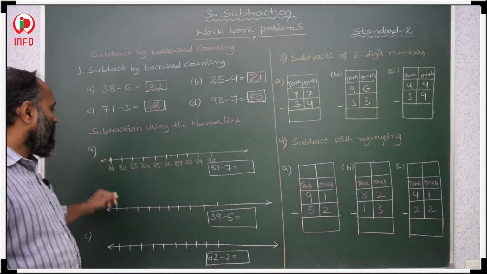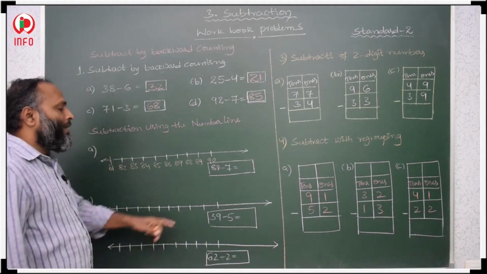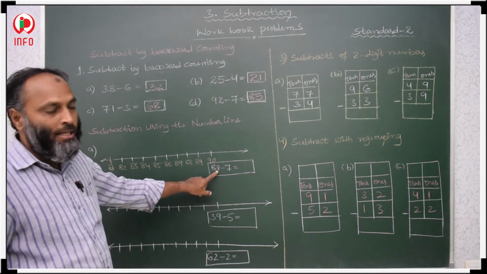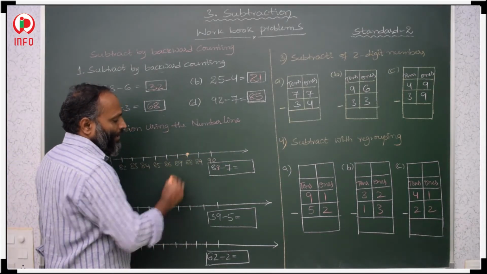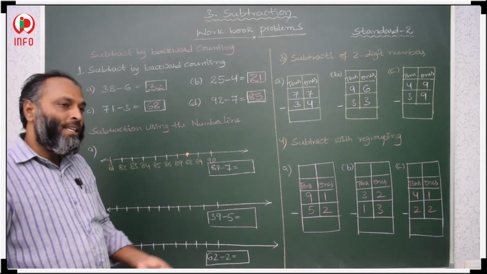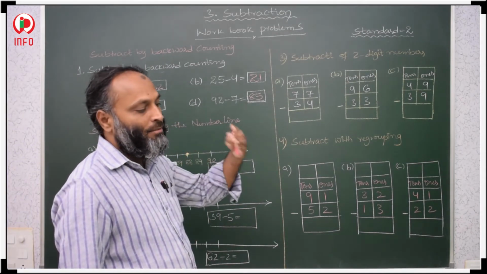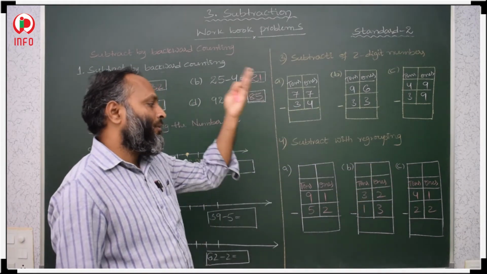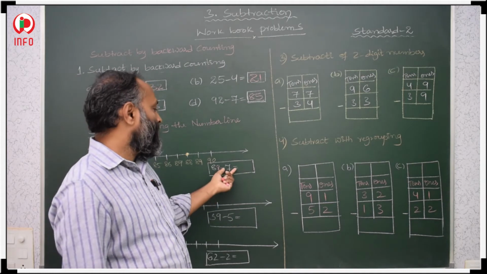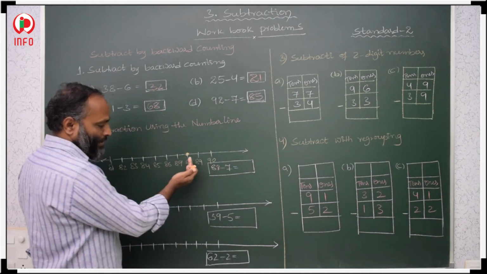88 minus 7. Don't take the point here. Where is 88? Here, this is 88. You mark on 88. Minus means we move backward, and plus means we move forward. Here we have to move 7 places backward, which means to the left side.